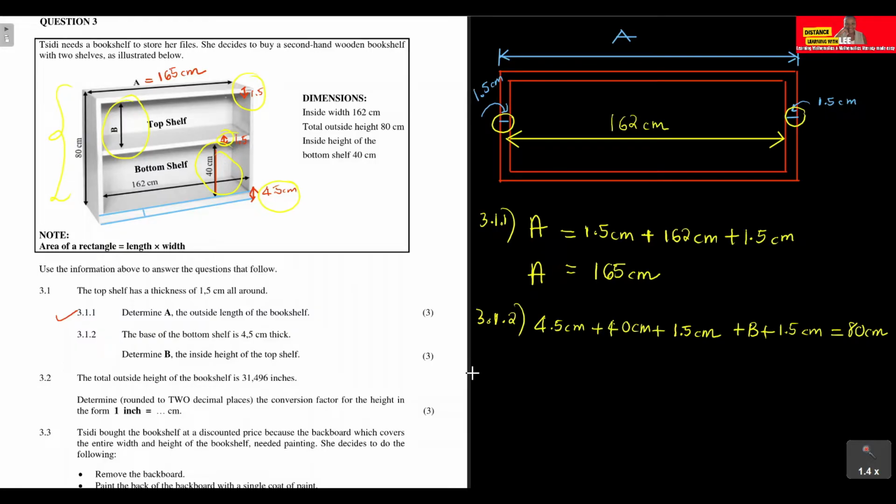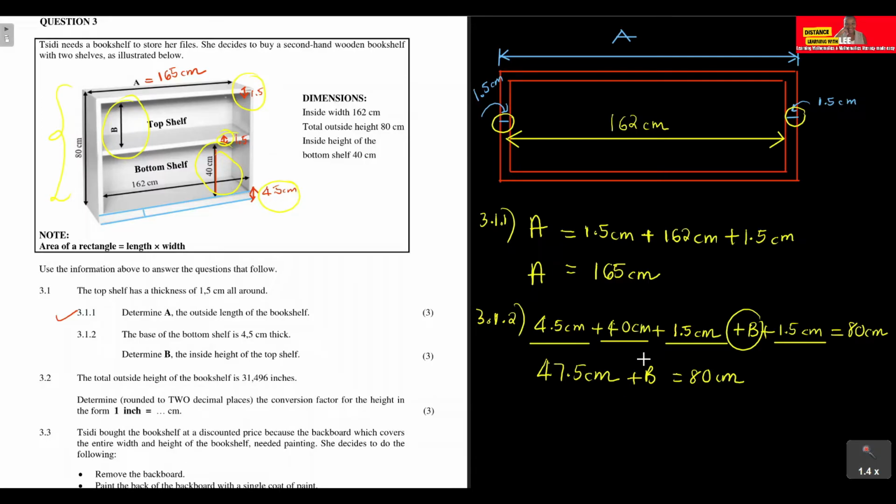Now we need to solve this equation for B by collecting like terms. Adding 4.5 plus 40 plus 1.5 plus 1.5 gives us 47.5 centimeters plus B equals 80 centimeters.